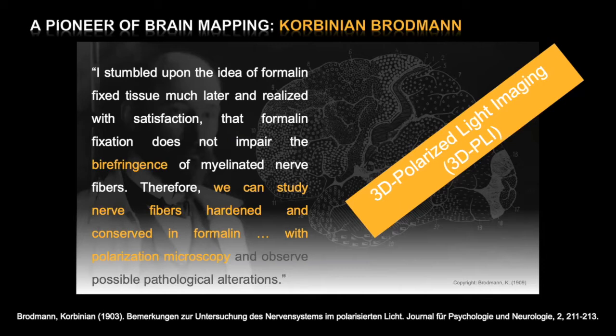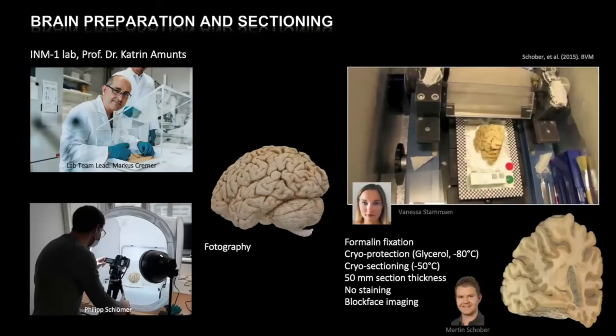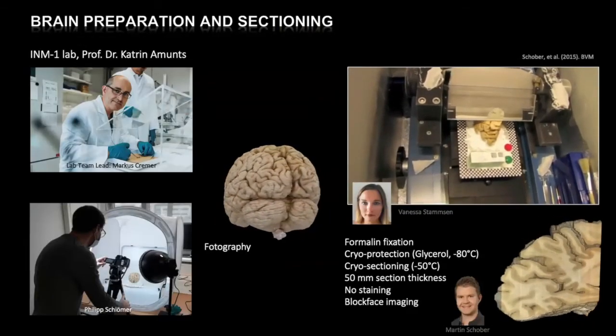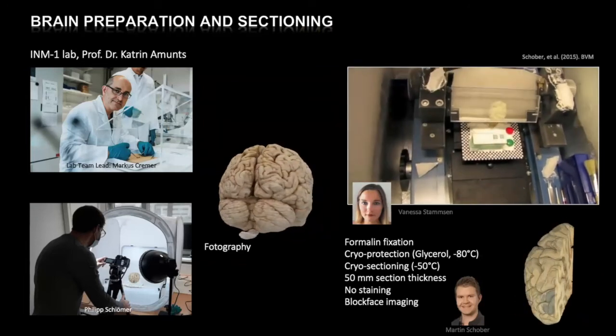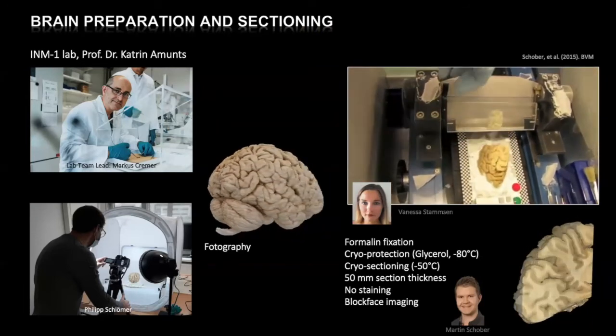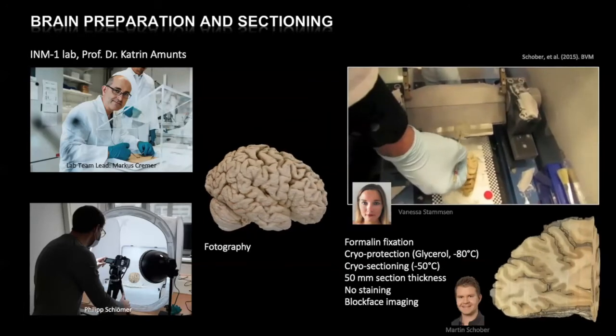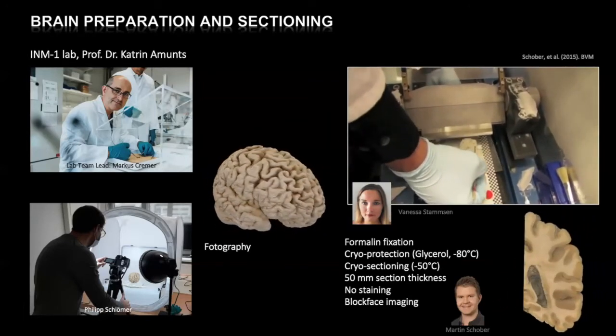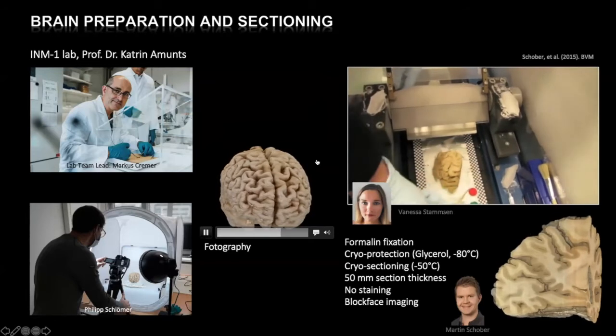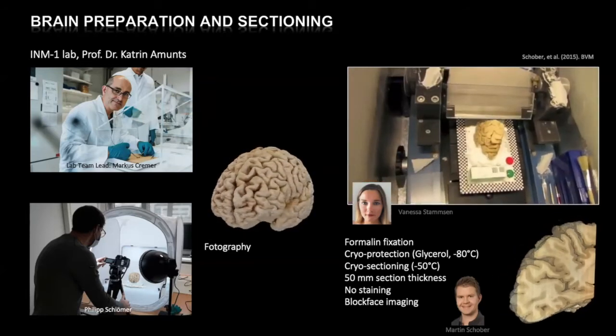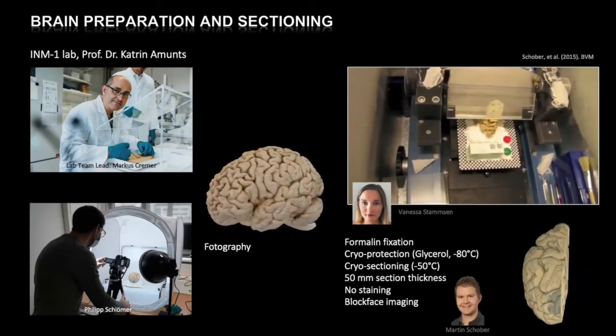So as we can read it here, we need formalin-fixed brains. That means we have to go into the lab. We have to collect the brains from donor programs. Then after receiving the tissue, we put it in formalin for about 3 to 6 months.